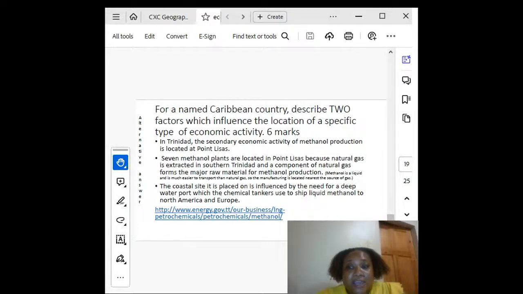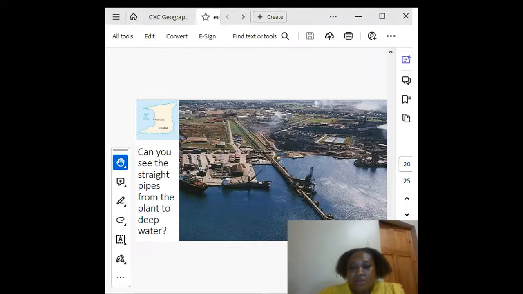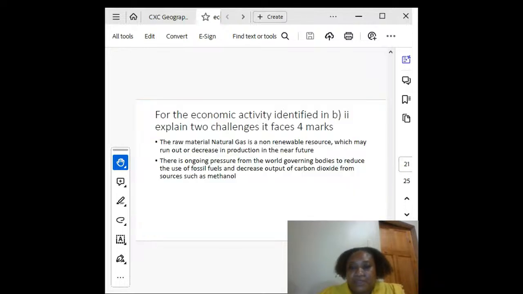So you would see here the raw material is available for methanol production. It needs a coastal location in order for it to be exported and for it to be taken in the tankers when it's time for it to be shipped, right? So this is a little picture of that.